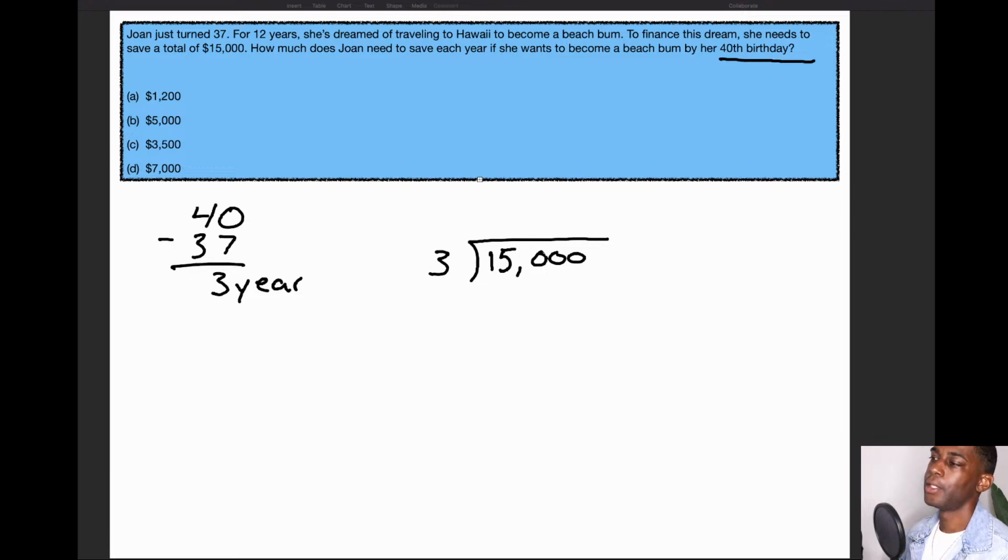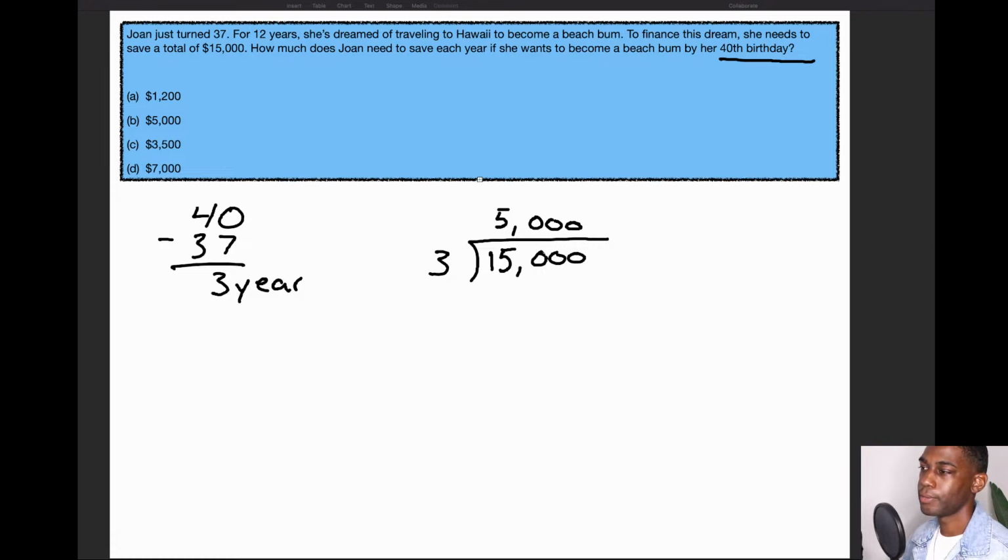So this looks kind of intimidating if you're somebody who's like, oh, that's a lot of digits, but it's really not, right? 3 doesn't go into 1. However, 3 goes into 15 a total of 5 times evenly. We can bring this comma up and all these zeros can pop up. $5,000, okay? She needs to save a total of $5,000 every single year. All right.